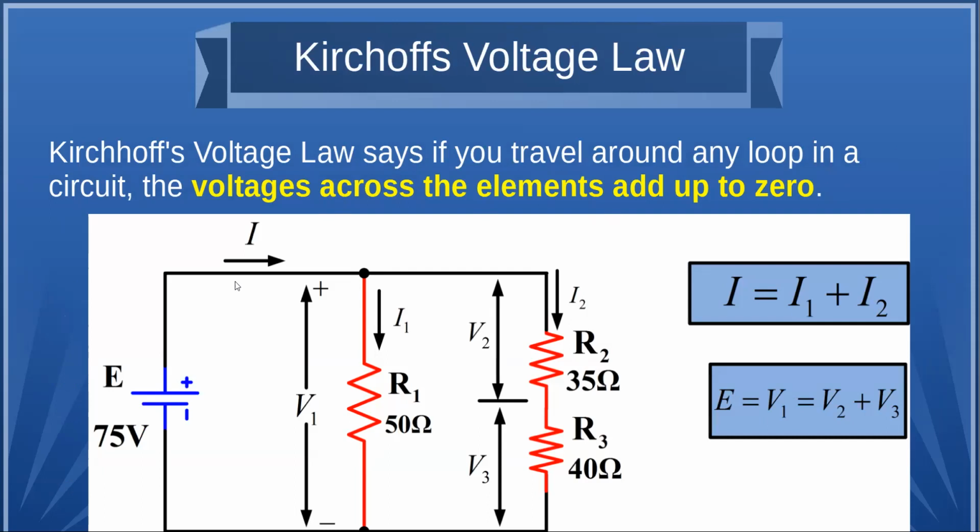I forgot I had this one. Here's the voltage law again. We can see that we have E here and V1 across R1. So if we go in that direction, we've got opposing voltages, so there'll be zero. Same thing over here.